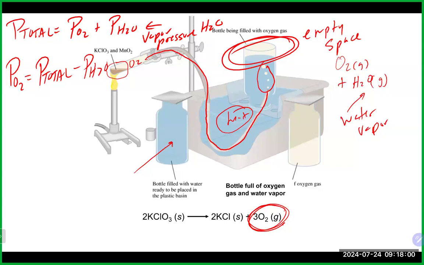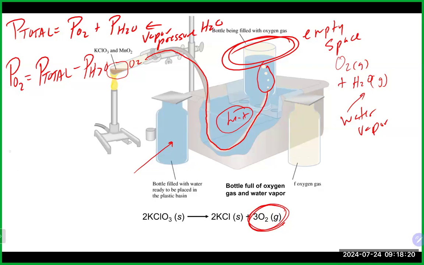So oftentimes when you do an experiment like this where you collect the gas with water involved, water comes along for the ride, and you have to correct for it and subtract off water's contribution to the pressure, because again, you're not really interested in the water aspect of it.